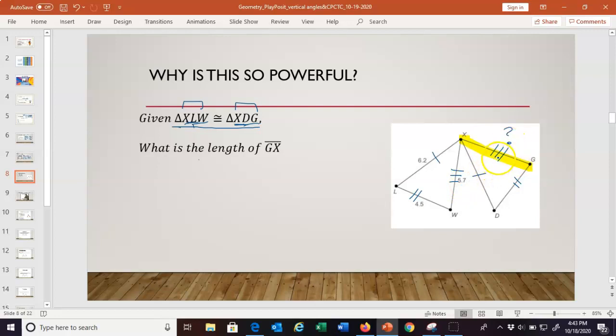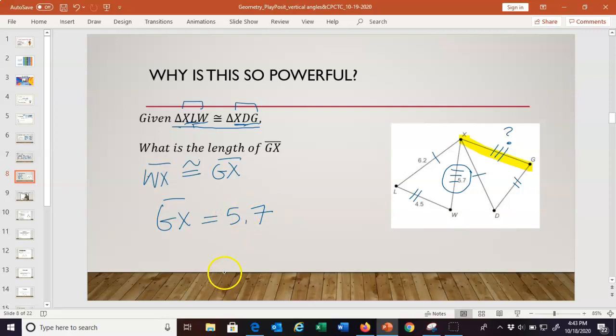Well, what does that match up to in the other triangle? 5.7. Remember, because of the congruent statement, we know WX is congruent to GX. And they both have the same tick marks. So that means GX is equal to 5.7 as well, because they're congruent triangles.